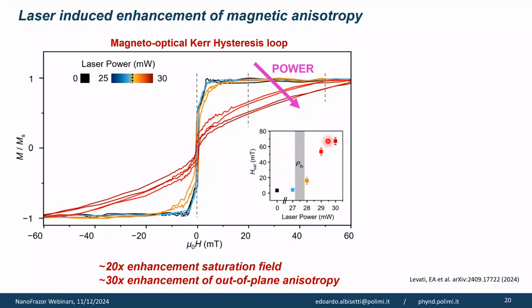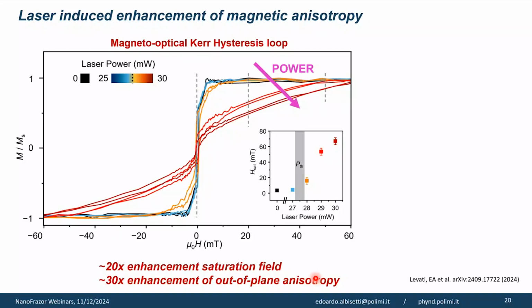So if we plot the saturation field, so the field that is needed to completely reverse the magnetization, you actually get a 20 times enhancement of the saturation field. And this means that what is happening is that we are enhancing the so-called out-of-plane magnetic anisotropy of the material.